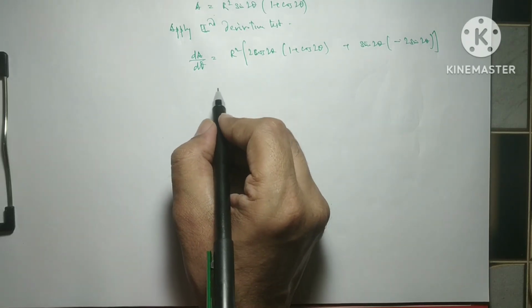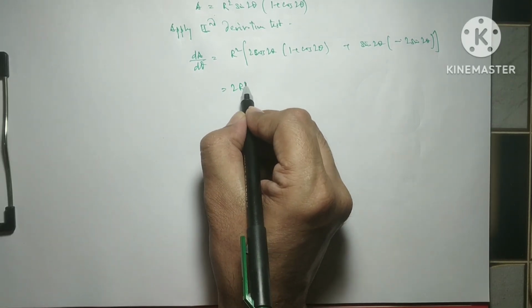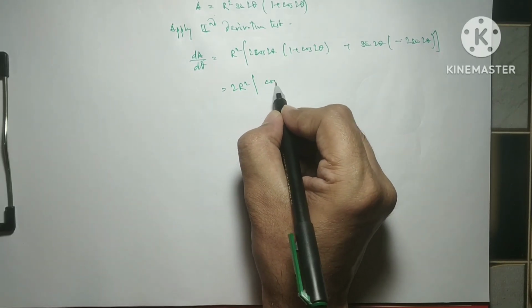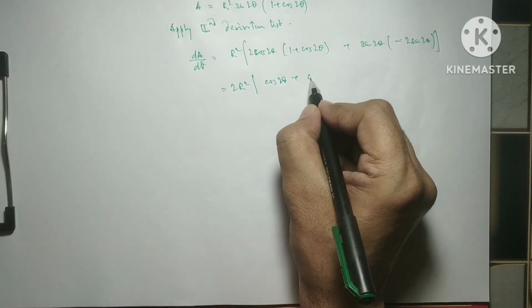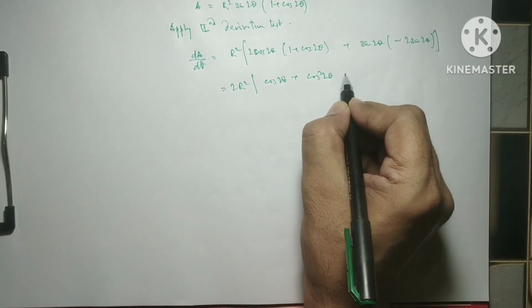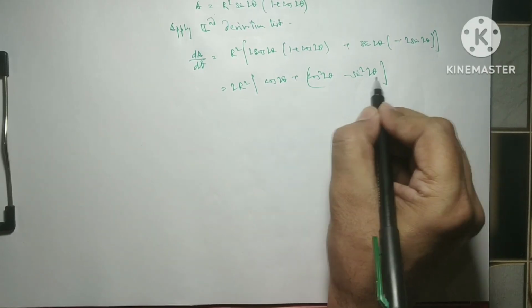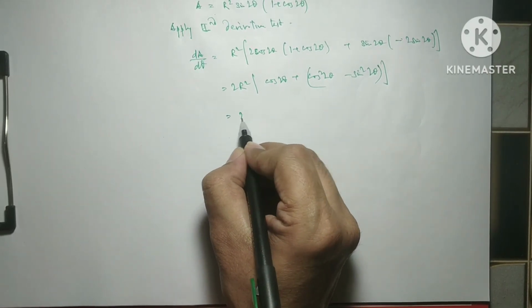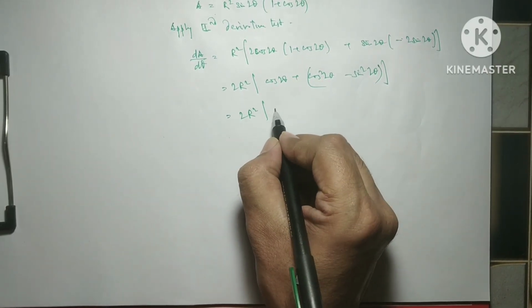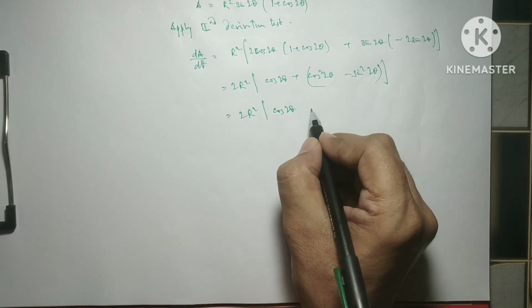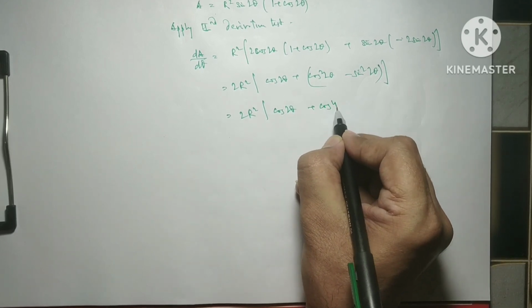So 2 is common, that is 2R², and this is cos 2θ plus cos² 2θ minus sin² 2θ. So this becomes the formula 2R² (cos 2θ + cos 4θ).